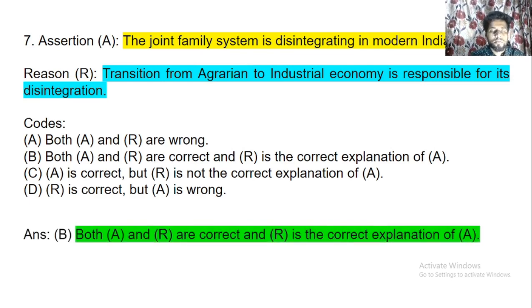There is mostly no joint family concept in the present time. And yes, earlier India was agriculture based, but now it is an industrial economy based. So is it responsible for this disintegration? Yes, the modern economic system is somehow responsible. So both are correct, and R is the correct explanation of A.